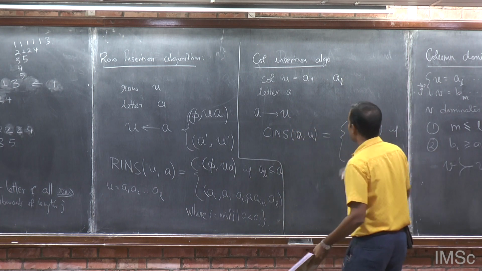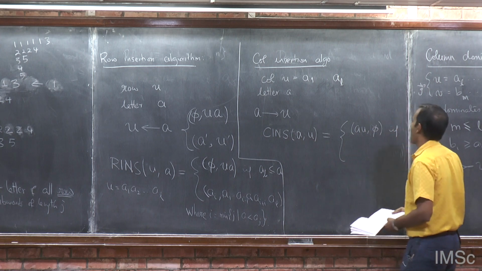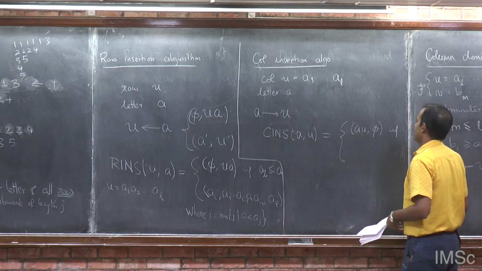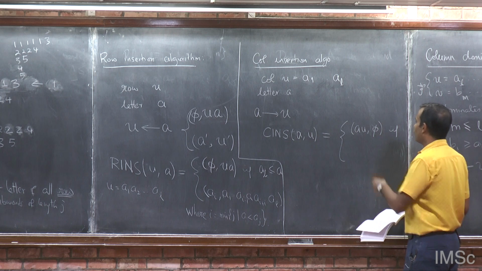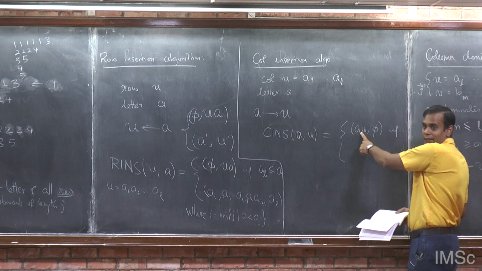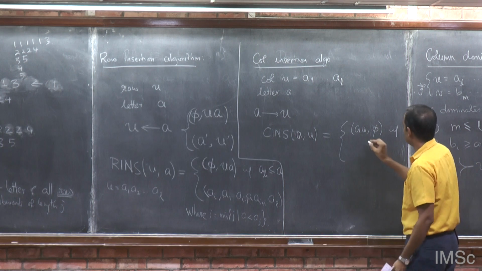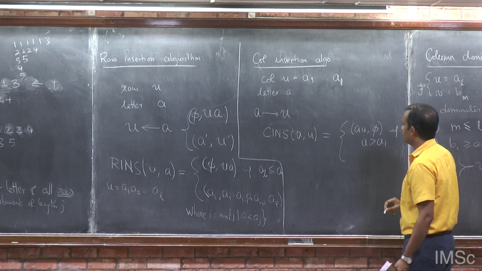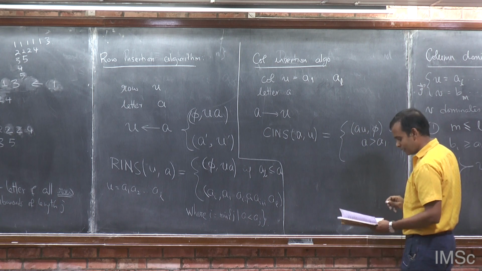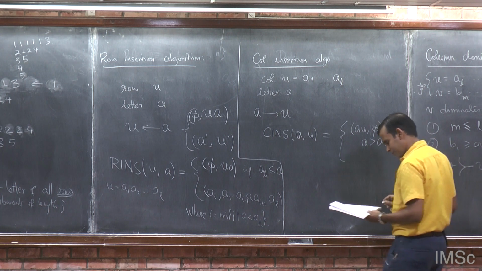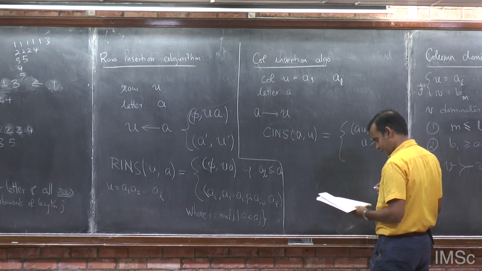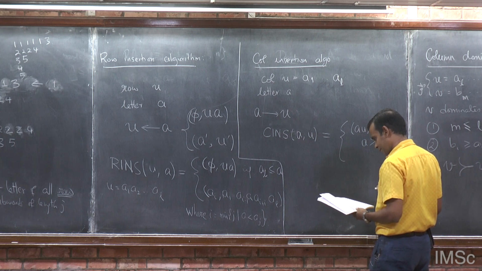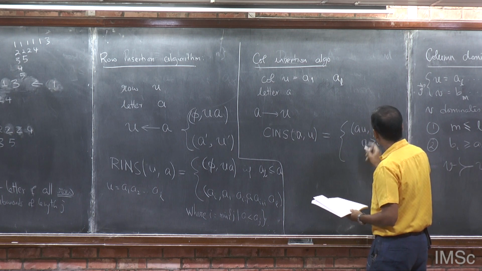So what should be the condition here? I want this to be a column. So I need that A is strictly greater than AL. And otherwise, I will bump out something.